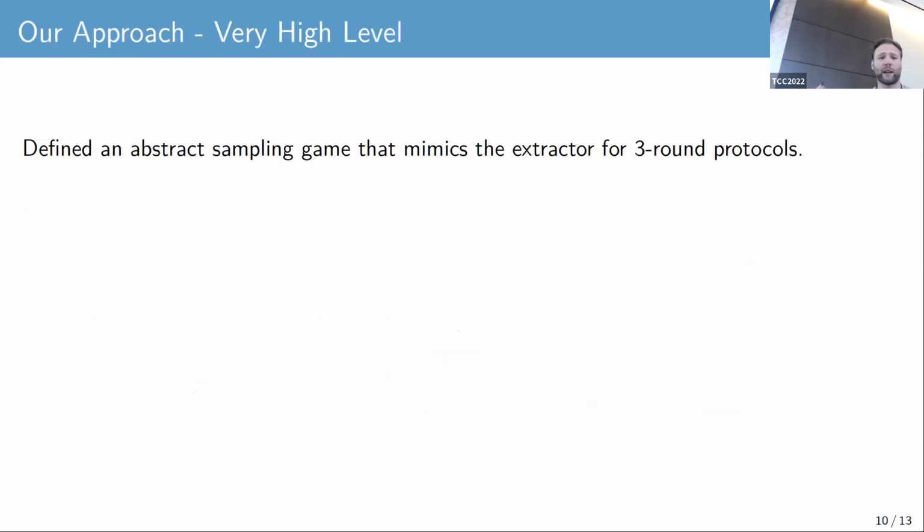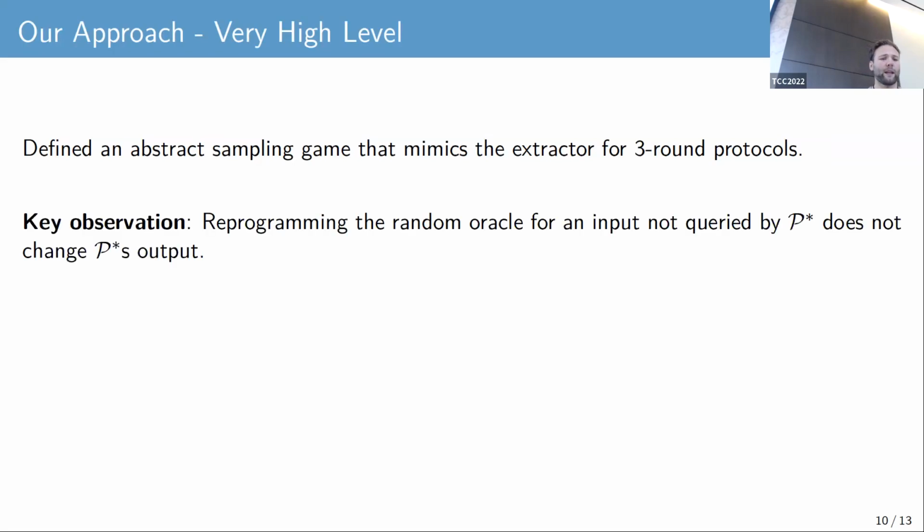So what we do, very briefly, some ideas in our approach. We define an abstract sampling game that mimics the extractor for 3-round protocols. A key observation is that reprogramming the random oracle for an input that is not queried by the prover P star does not change P star's output. This seems like a very obvious observation, but it's crucial in the analysis.